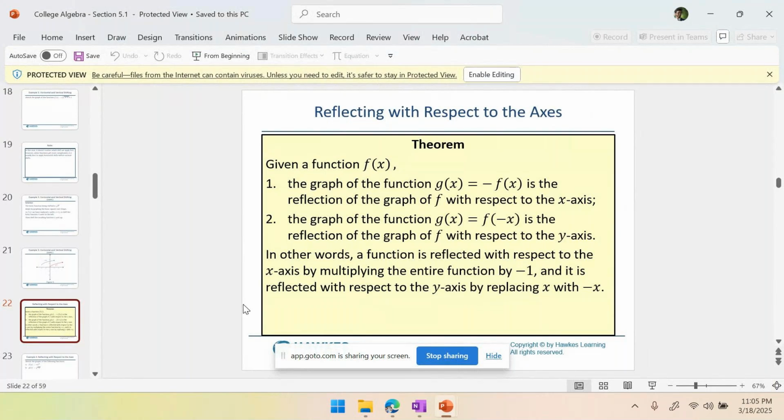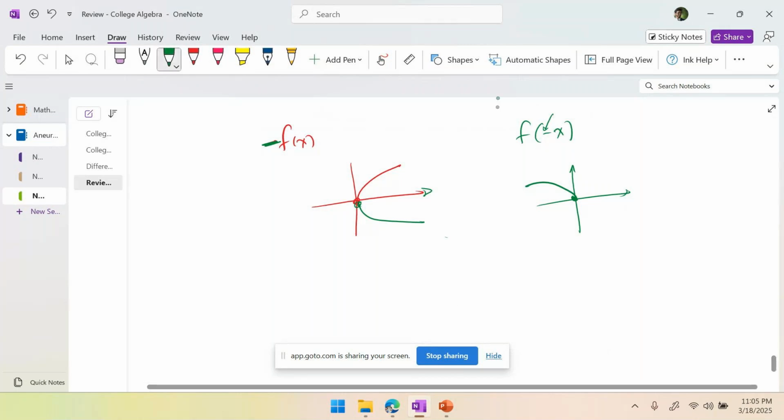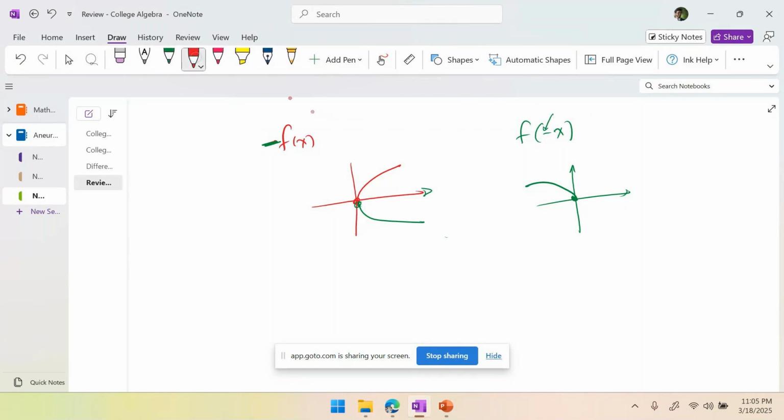And also when you do these reflections, keep an eye out for the changes in the domain. Like for example, for this graph, the pink colored one, this is the domain, but for this one, this is the domain. Okay, and if you need the range, here this is the range, and here this is the range, these y values.